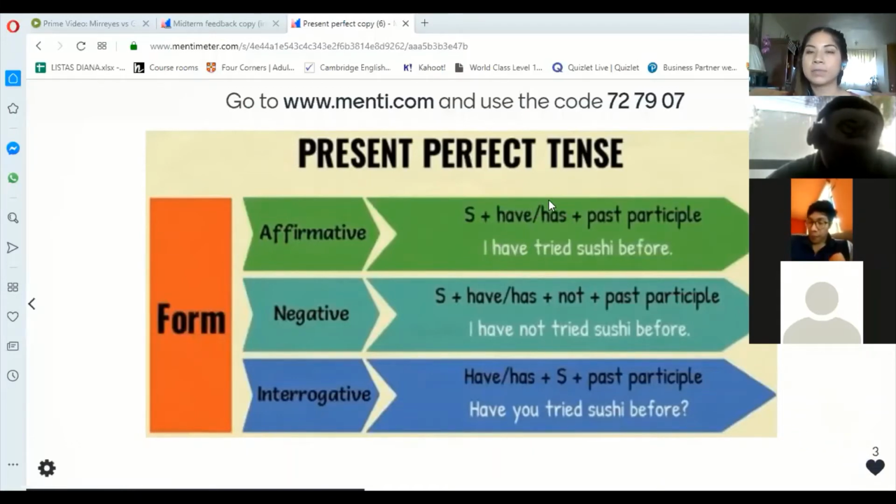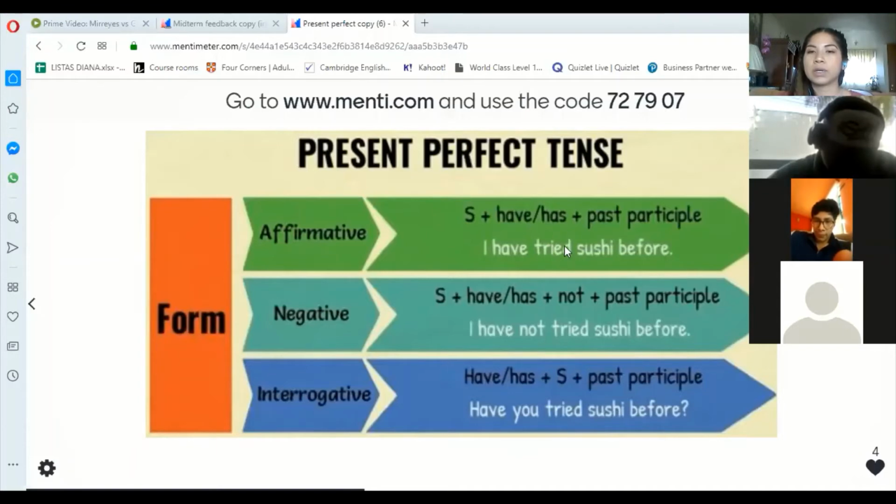And has is for third person: he, she, it. He has tried sushi before, or she has tried sushi before. After your auxiliary, you need past participle.